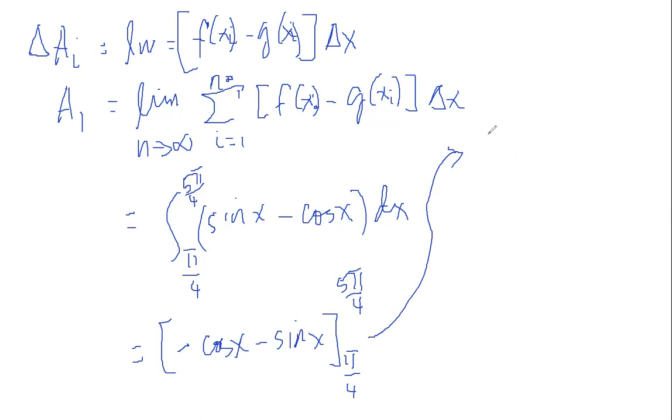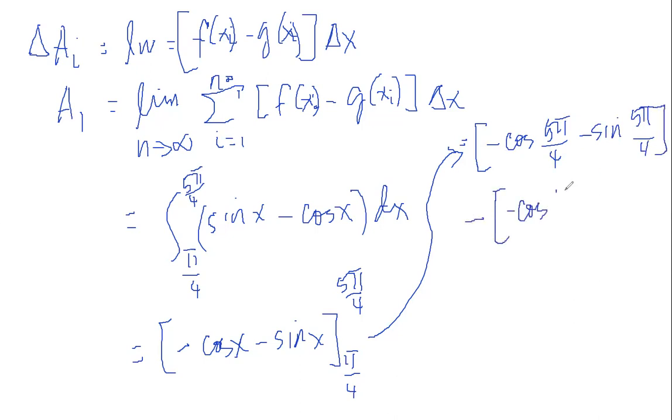So we have equals negative cosine. Of course, we're going to start with the upper limit of 5 pi over 4 minus sine 5 pi over 4, minus negative cosine pi over 4 minus sine pi over 4.